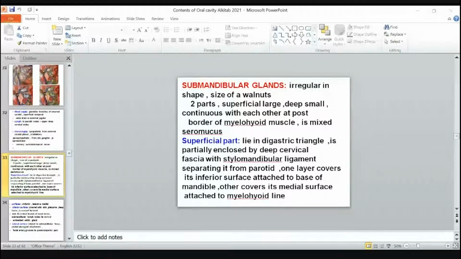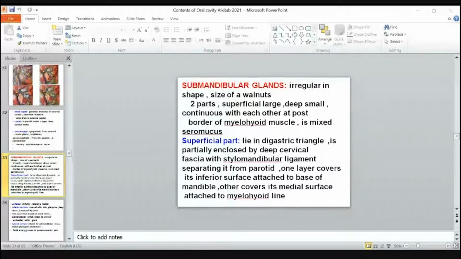Now, the duct of the submandibular gland. The duct starts at the superficial part and then passes through the deep part.